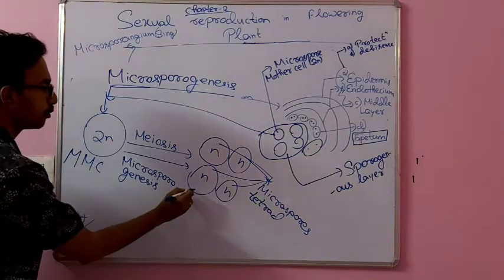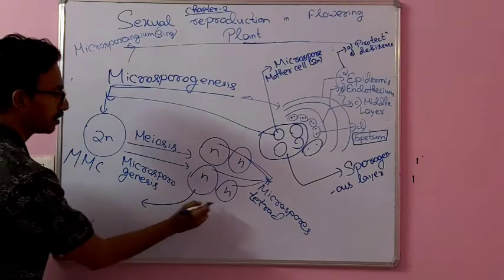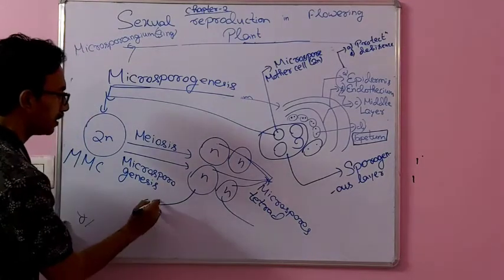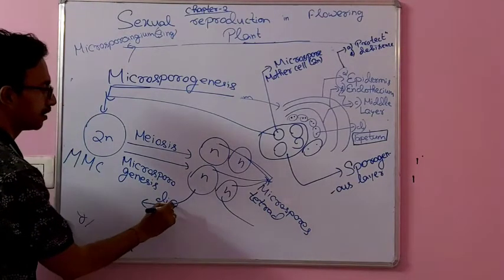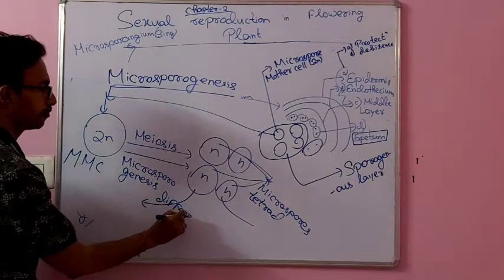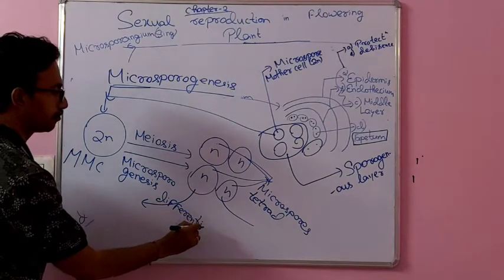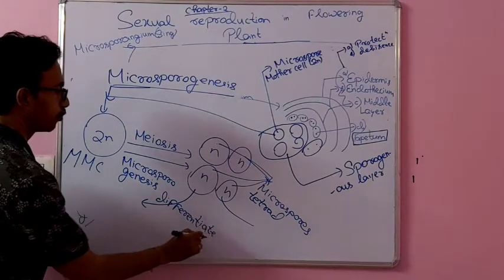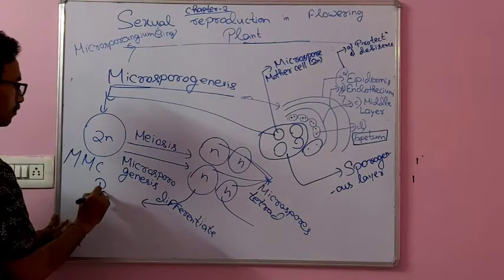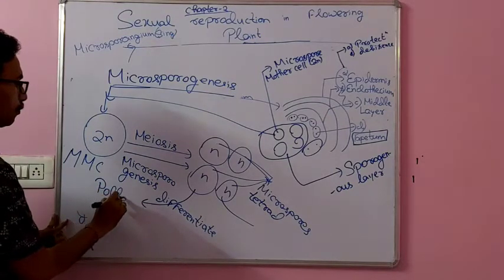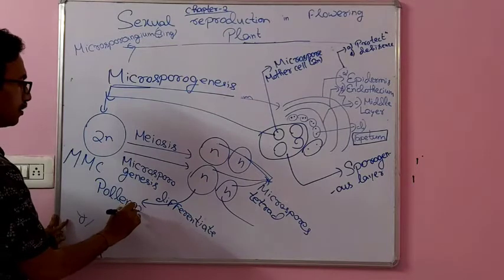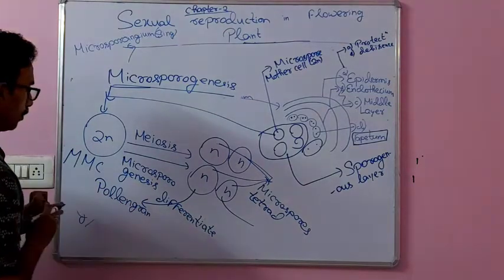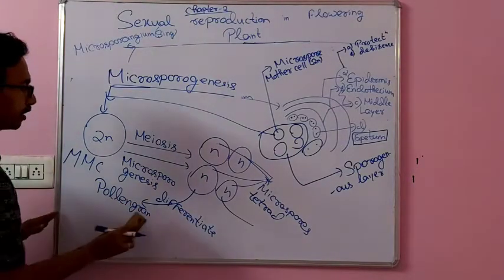Then each microspore separates from the others and differentiates to form a pollen grain. So we'll move to the diagram, the description of a pollen grain.